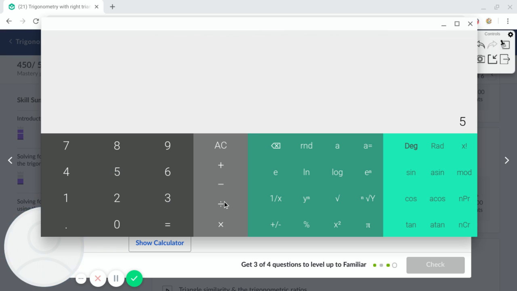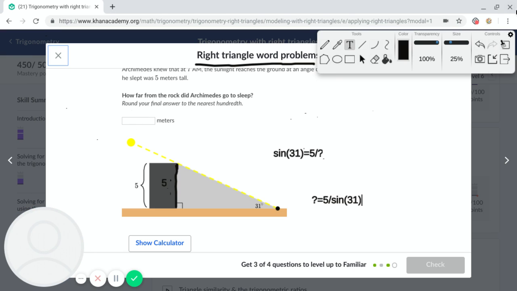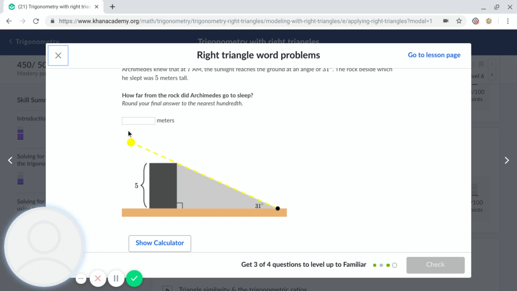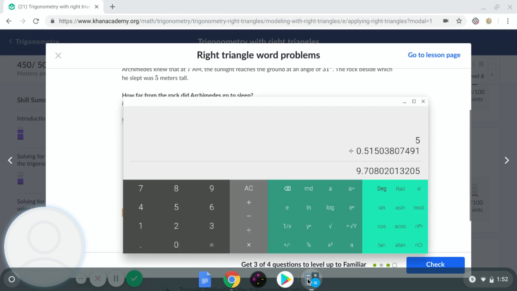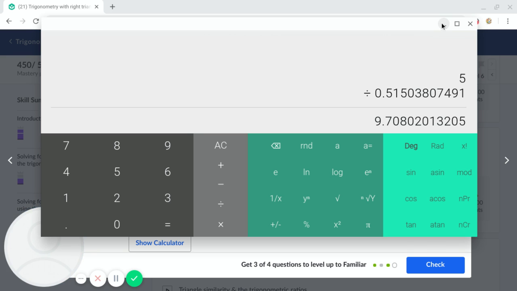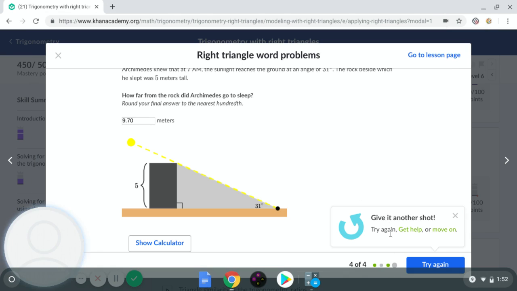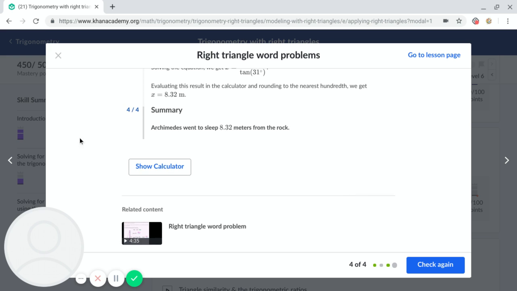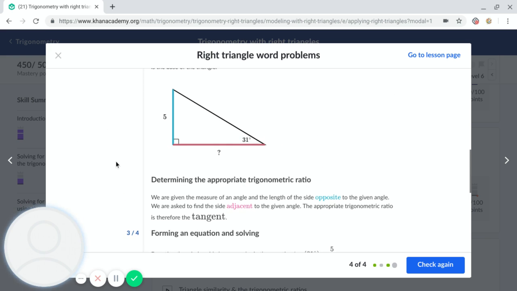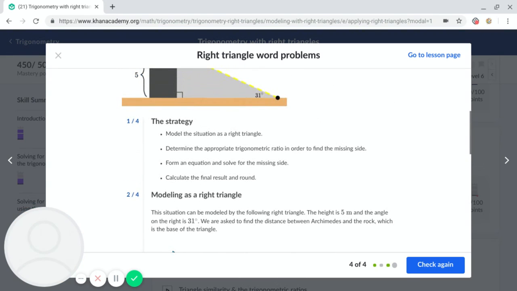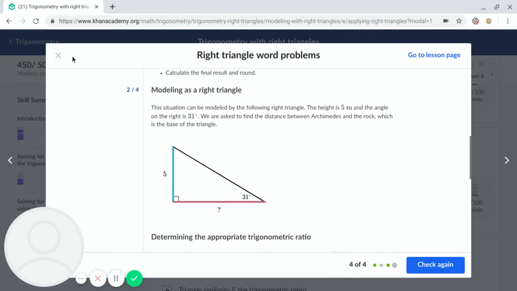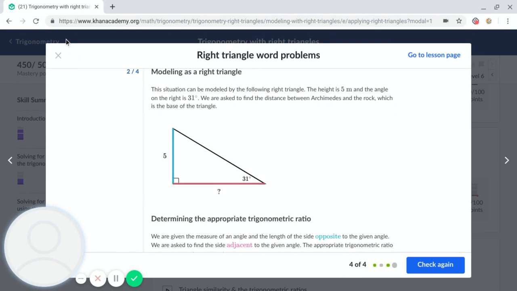So 5 divided by the number is 9.70, and that says to the nearest hundredth, so that's allowed. All right, now let me have a look here. Yeah, that's right. And oh, come on. What did I do wrong this time? What do you mean you need the tangent? They wanted that side of the triangle? Oh, the distance between. Okay.